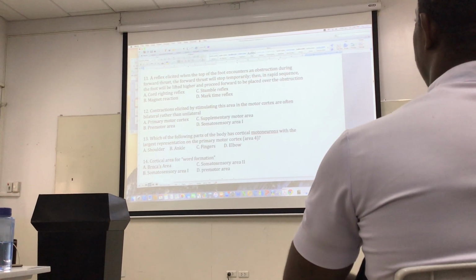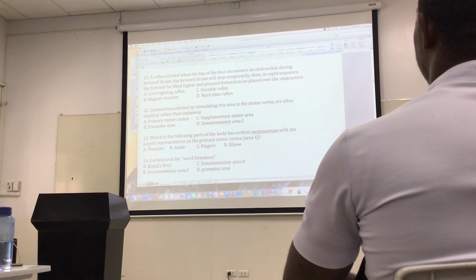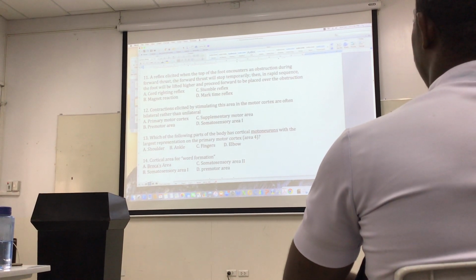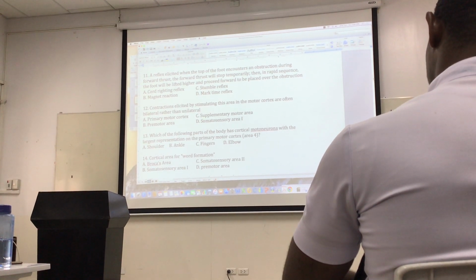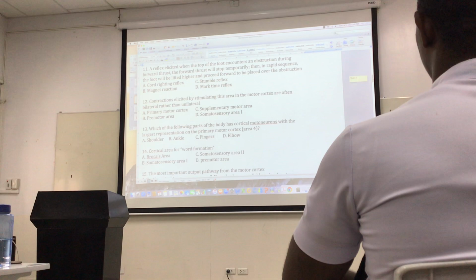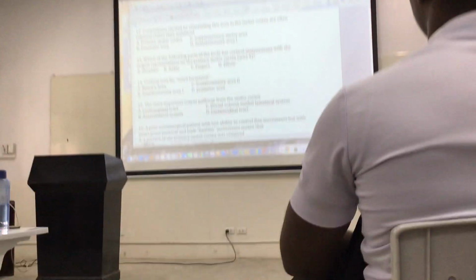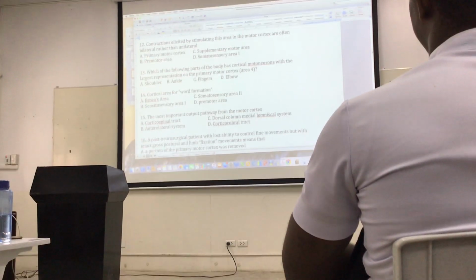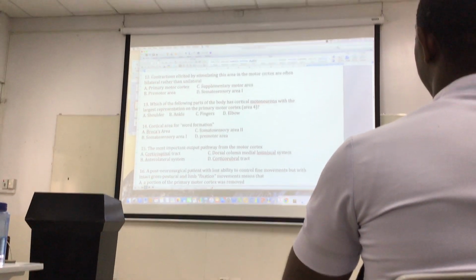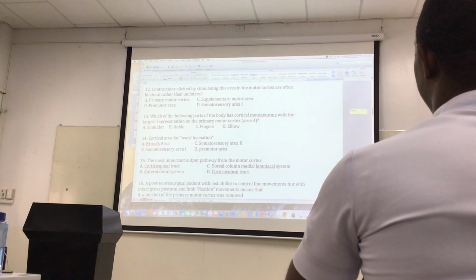Number 11, okay, when you encounter an obstruction, forward thrust, then you stop, stumble reflex. Number 12, which area in the motor cortex produces bilateral contraction when it's stimulated? Supplementary motor area.